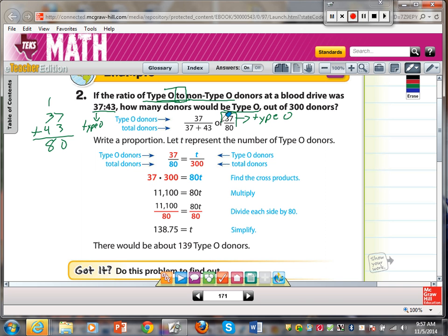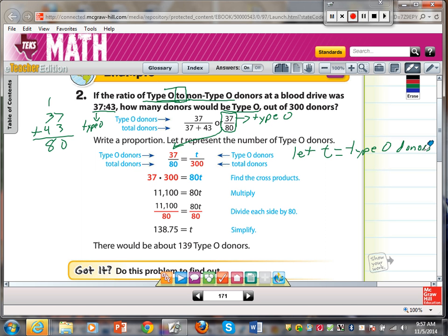You take this one right here and write a proportion. Let T represent the number of type O donors. So you're going to put here, let T equal type O donors.